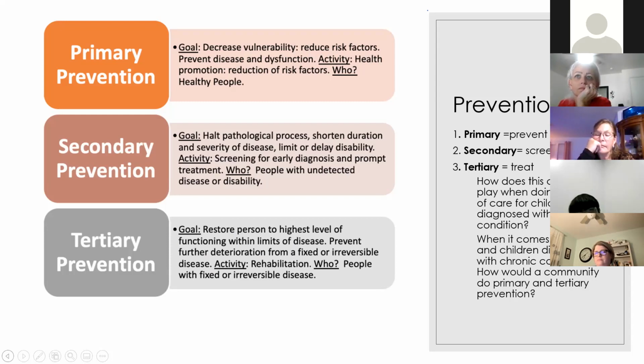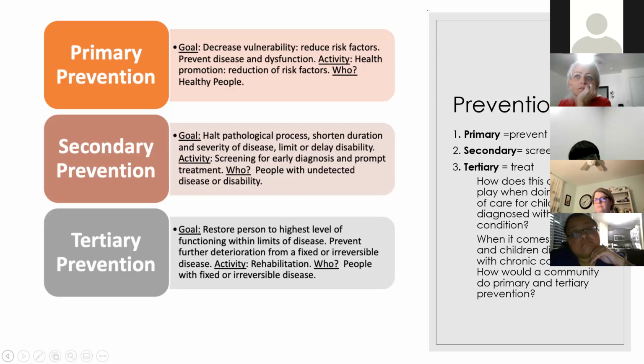You treat the broken finger, but you also assess to see if they're breaking bones over and over again, because it could be a sign of abuse, which would then bring you to the tertiary stage to treat the abuse, like in a kid in a school setting. Remember, when you're looking at secondary prevention, you're trying to stop anything that could be happening.